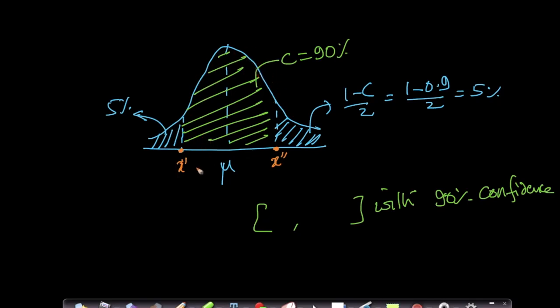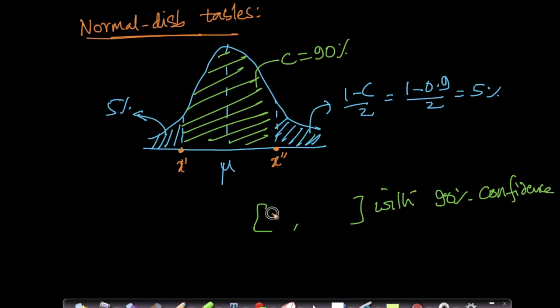To answer that question, you can use something called normal distribution tables. Actually, all of this data is tabulated. In the olden days, in the pre-computer days, you got tables called logarithmic tables and normal distribution tables. It's actually a small book with all these tables. You can look up the table and find the values of x dash and x double dash.